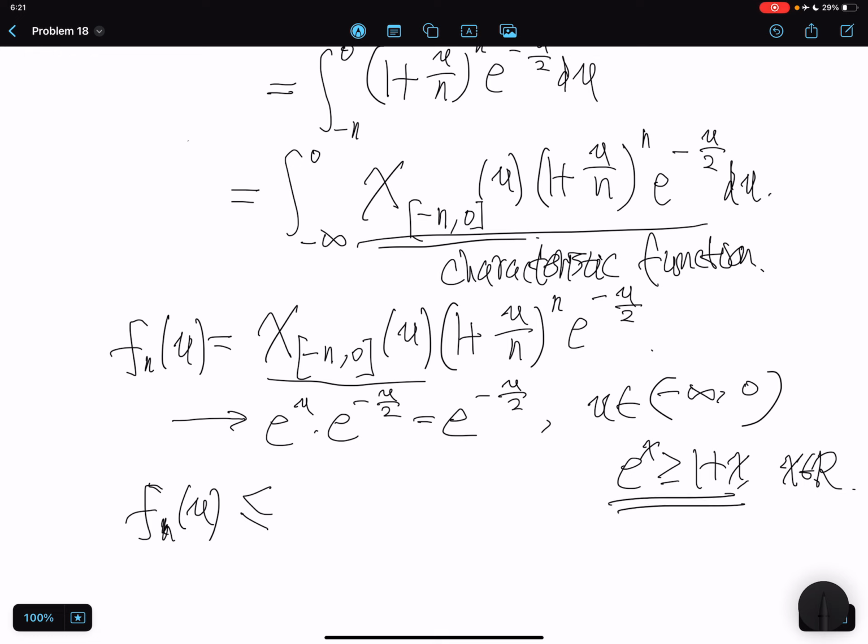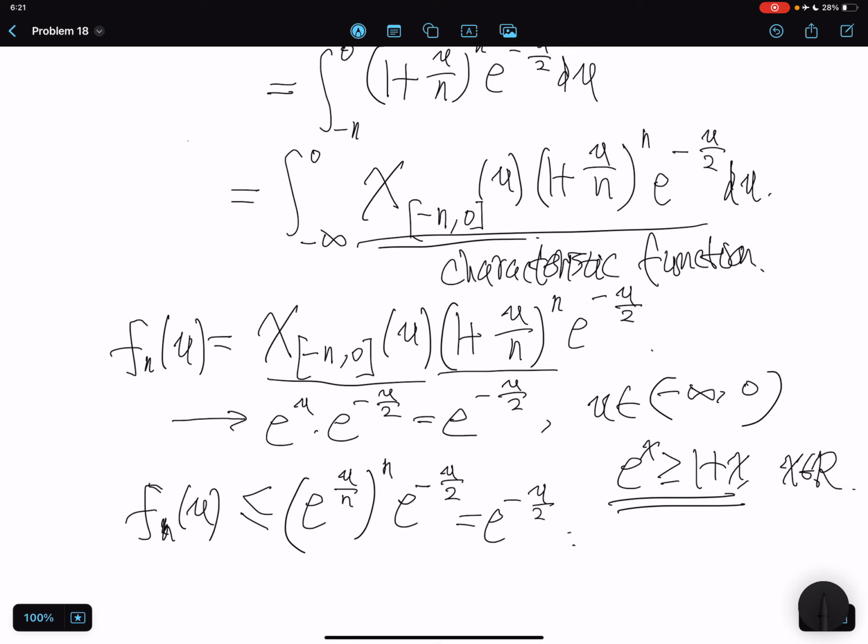We use this inequality, so this is at most (e^(u/n))^n e^(-u/2), and now this is e^(u/2), right?